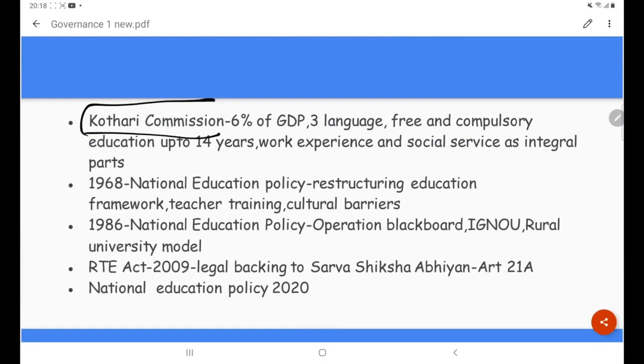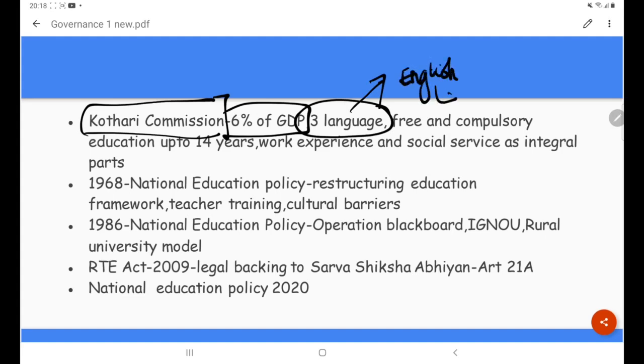After the Radhakrishnan Committee comes the Kothari Commission. It recommended spending 6% of GDP on education. Then it promoted the three-language formula, because until then English was the only language, which offered a cultural barrier for the non-English speaking population.